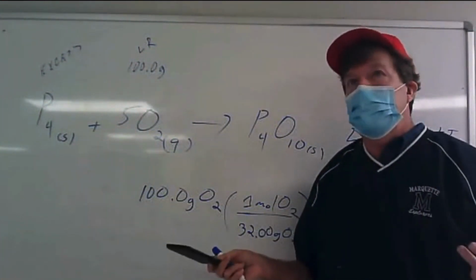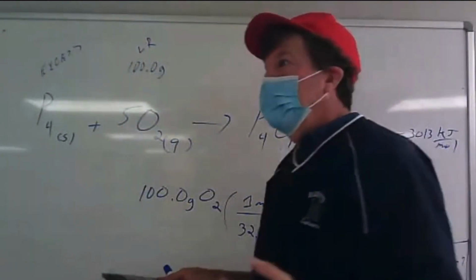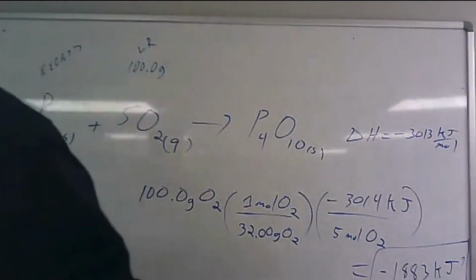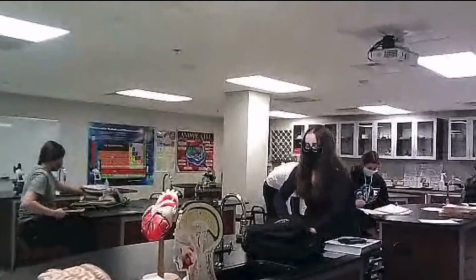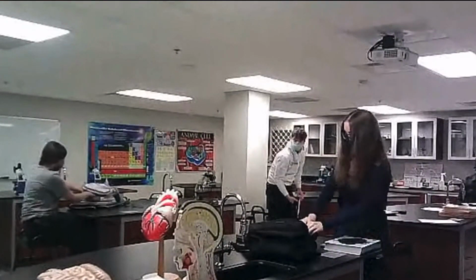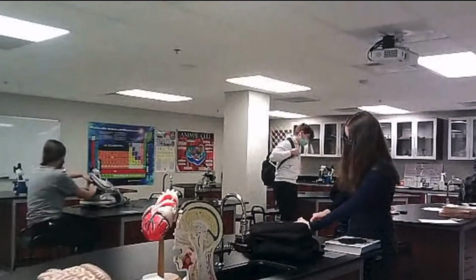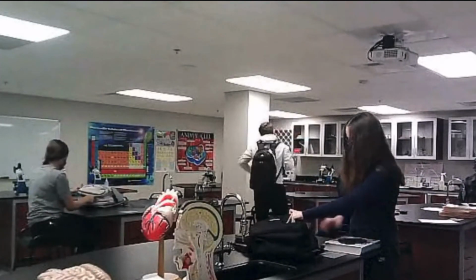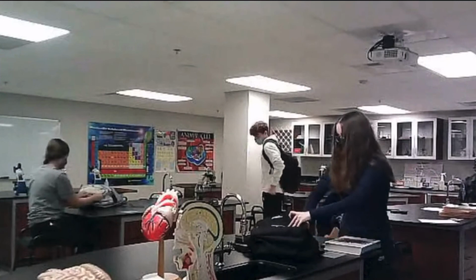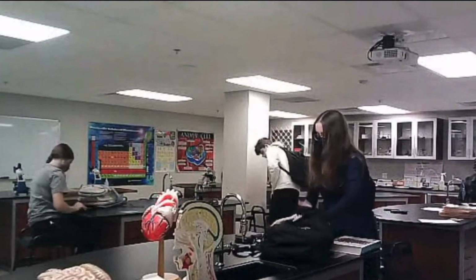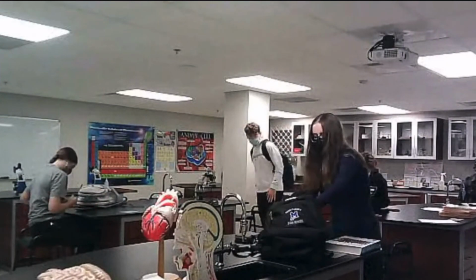Any questions? Let's look at people at home. People at home, any questions? It's essential that we get this stuff done, because then we can go to practice problems and kind of know what we're doing.